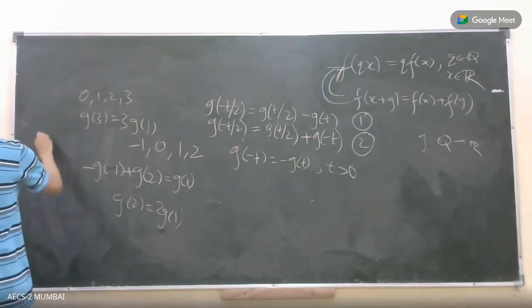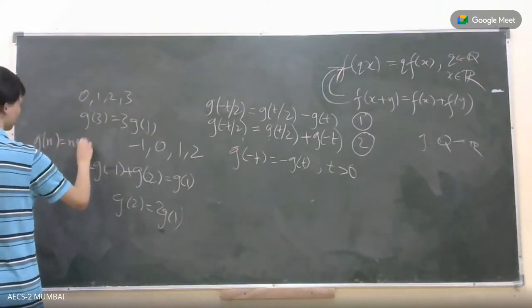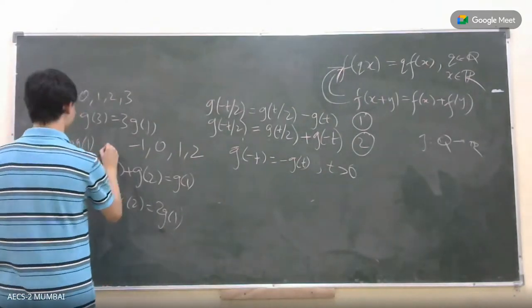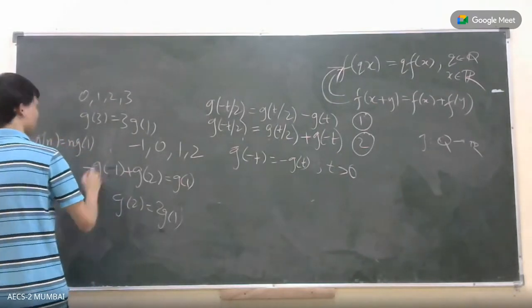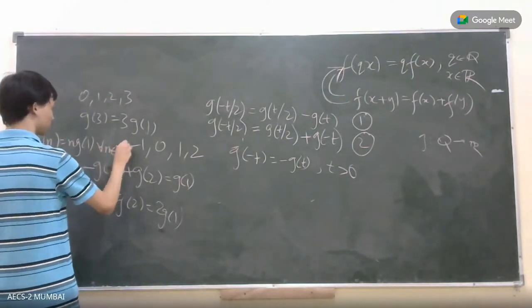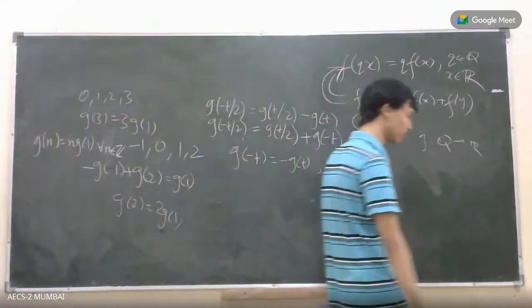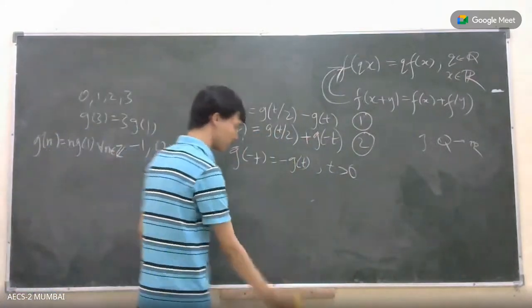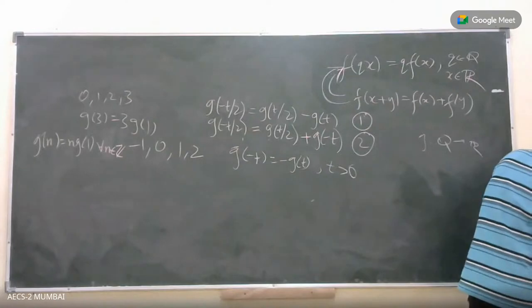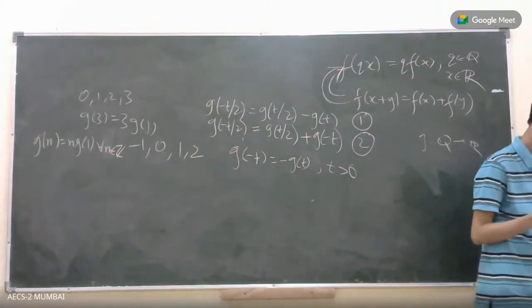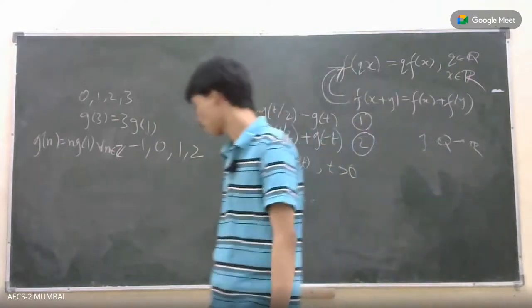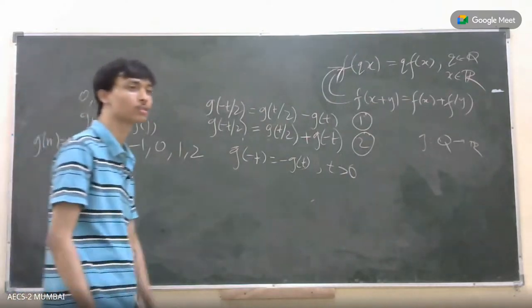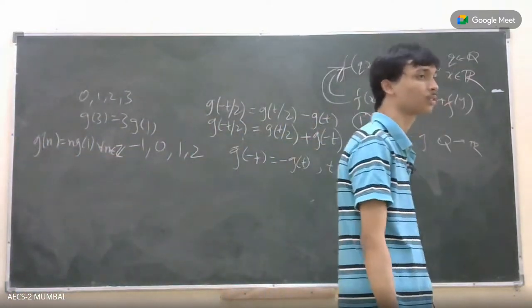So now can we say that G of n equals n G of 1 for all integers n? And then for rational numbers it is satisfied too.